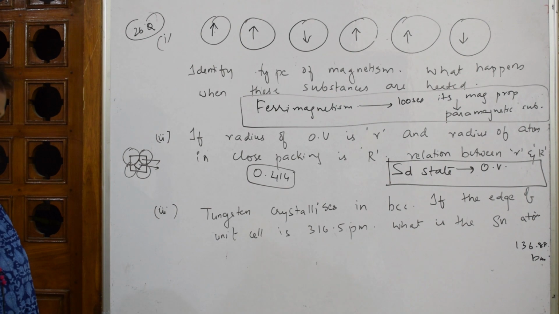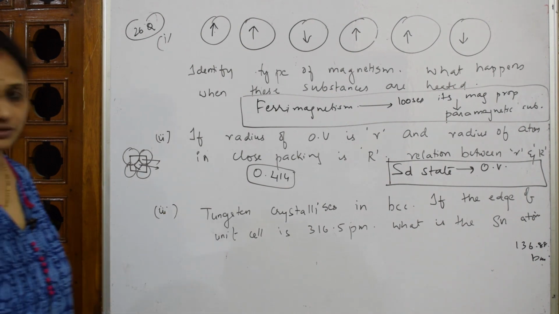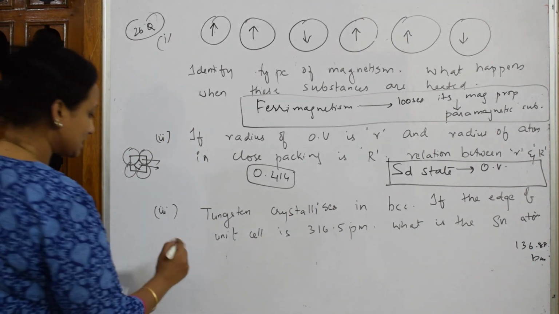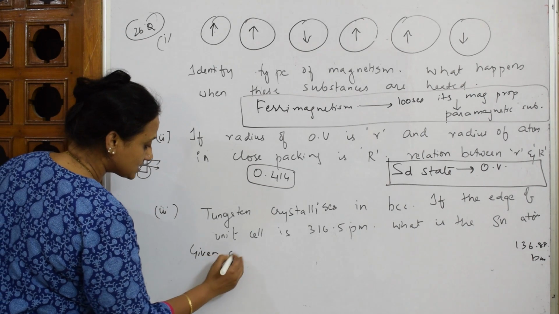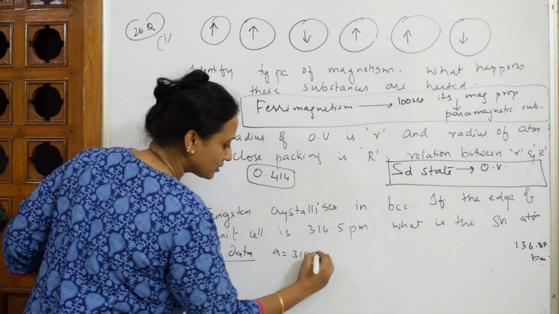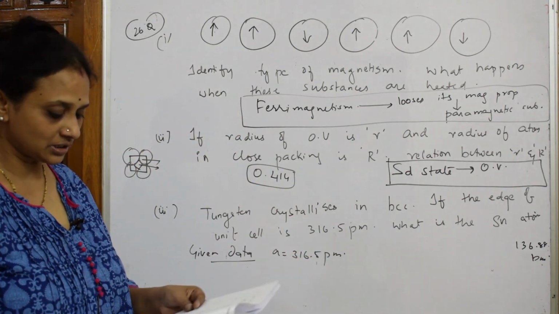So now next important thing, they've asked: tungsten crystallizes in BCC structure. If the edge length of the unit cell is this, so they've given the edge length. Let us write the given data. Given data is a equal to 316.5 picometer. What should I find out?